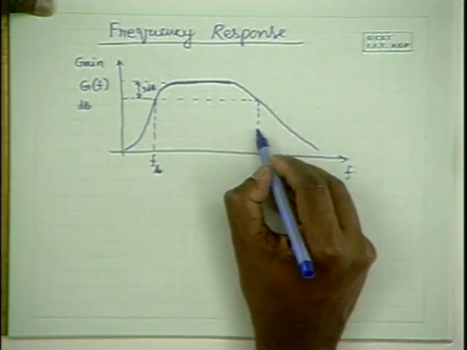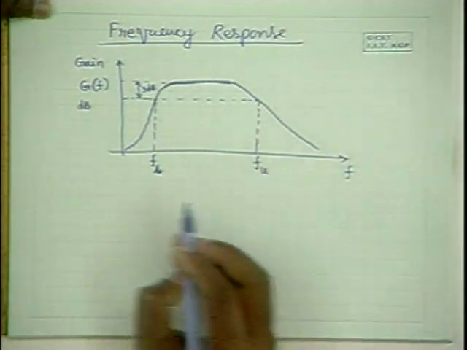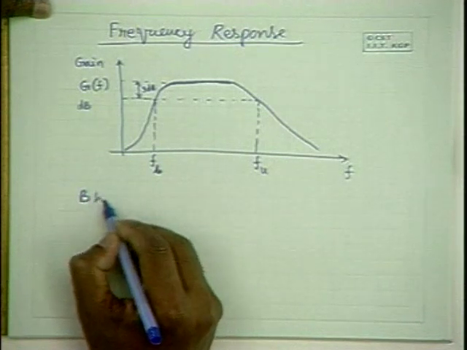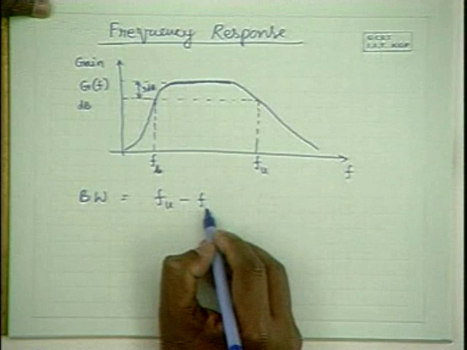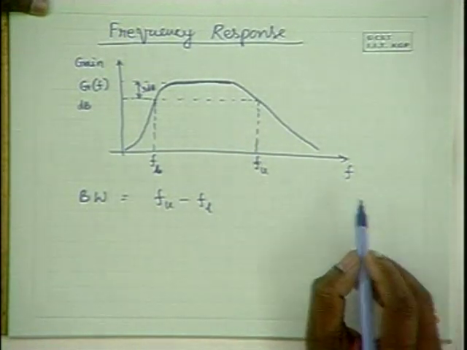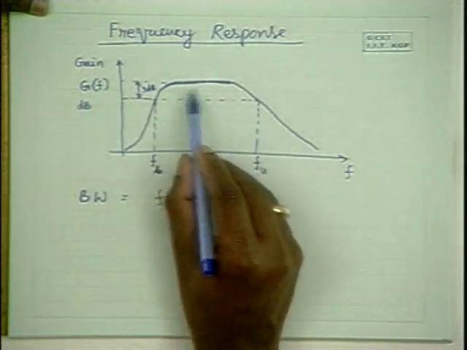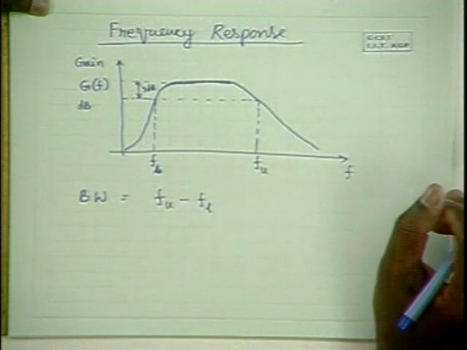On the high frequency side, it is known as the upper cutoff frequency. And the bandwidth of the amplifier is the difference between the upper cutoff frequency and the lower cutoff frequency. The 3 dB bandwidth is one measure of the bandwidth of an amplifier.